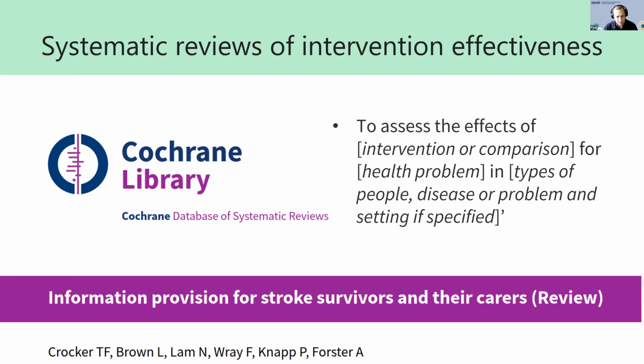And then that might be in a specific type of people, disease, or problem setting. So here's an example of a Cochrane review title that I did: information provision for stroke survivors and their carers.